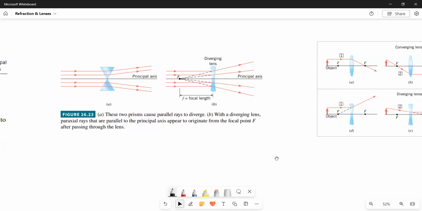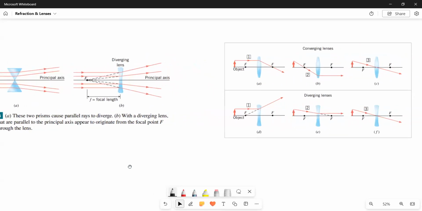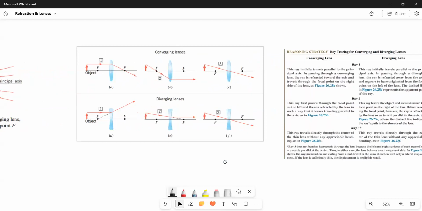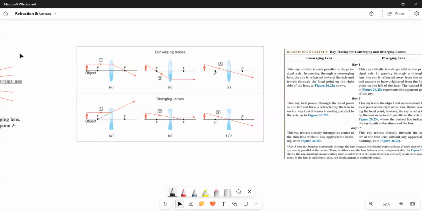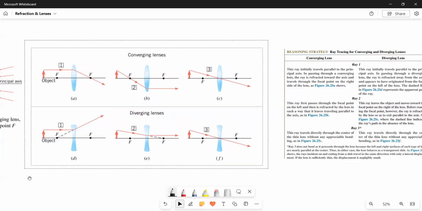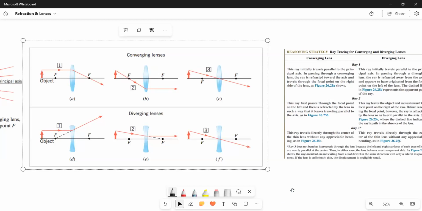Good. Now you're wondering, how do we draw the ray diagram for a lens? This is basically how you draw it. Notice the converging lens. Let me make this a little bigger so you can see that clearly. You have an object here.